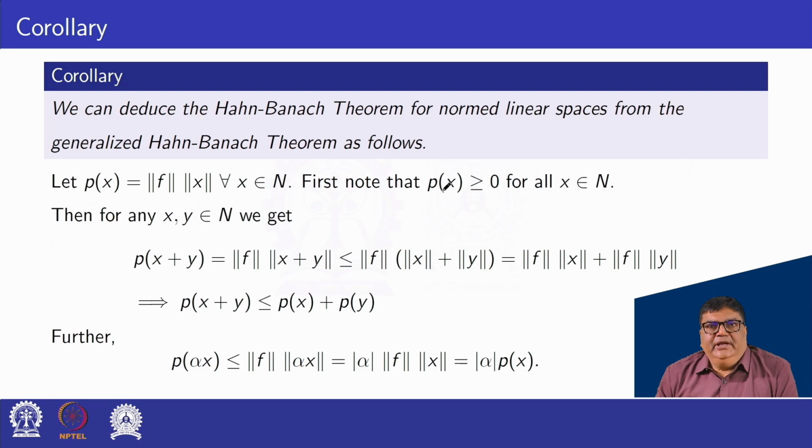First note that p(x) ≥ 0 for all x belonging to N. Then for any x, y belonging to N, we get p(x+y) = ||f|| ||x+y||. By the triangle property of norm, this is ≤ ||f|| ||x|| + ||f|| ||y||. Here ||f|| ||x|| is p(x) and ||f|| ||y|| is p(y).